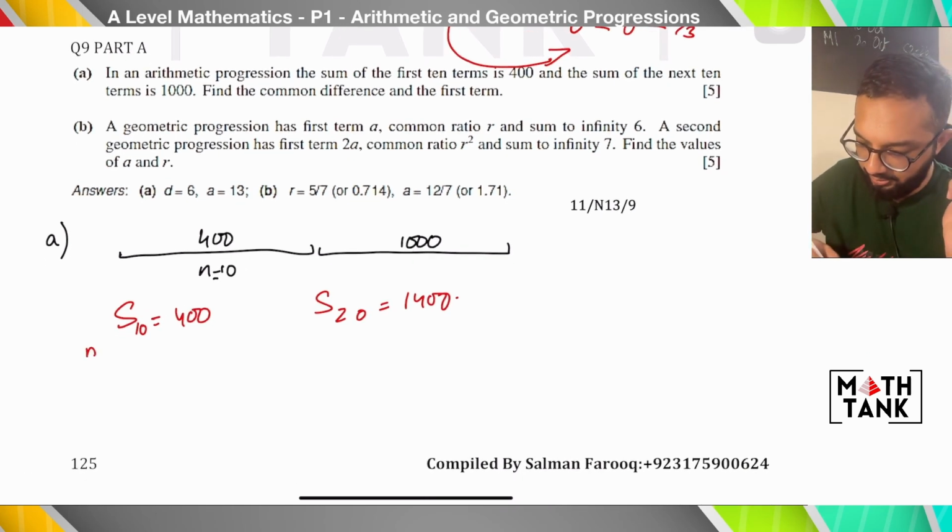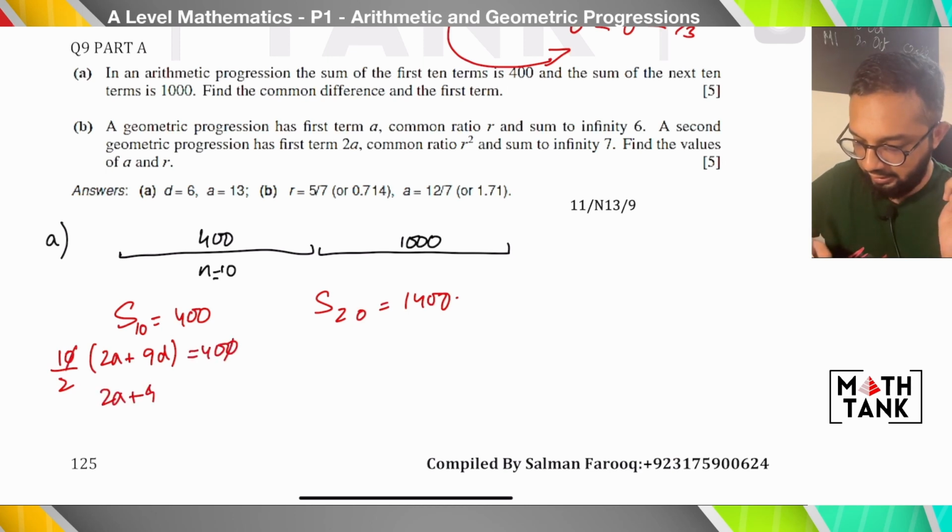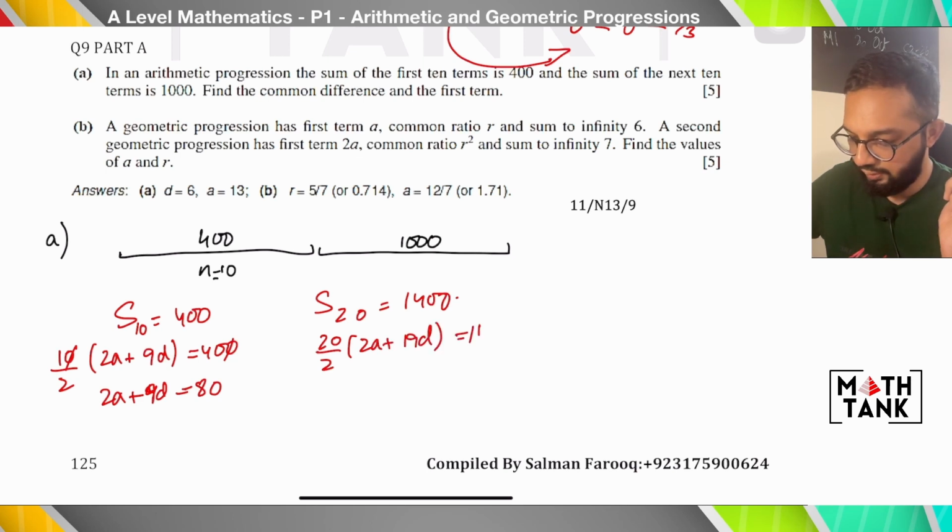So n over 2, 10 over 2, times 2a plus 9d is 400, 2a plus 9d is 80, and 20 over 2, times 2a plus 19d is 1400. 2a plus 19d should give me 140 only.